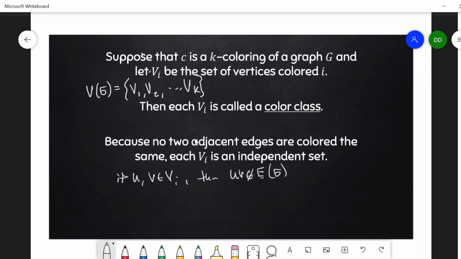Because if it were an edge, I'd have two adjacent vertices colored the same, and that's not the case with color classes. And so what we're seeing here is that each V sub i is an independent set.